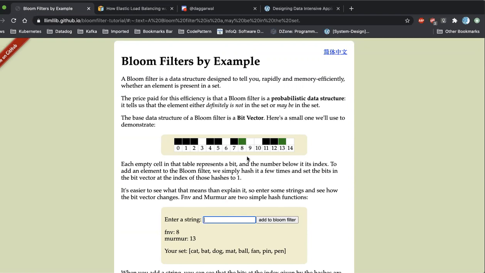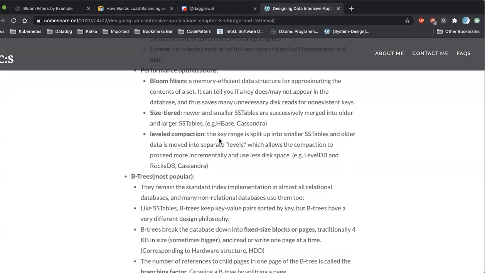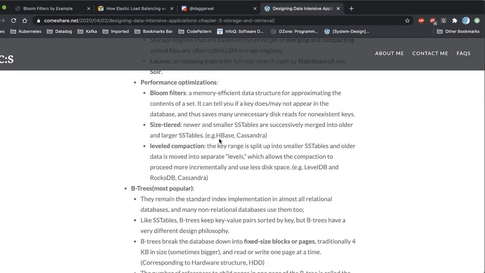It doesn't say exactly whether it is present. It gives a probability depending on the hashing algorithm you use and the number of bits you use. It says for sure when a key is not present, and it can also say it may be present. So it's an efficient way to find out if keys are not present.